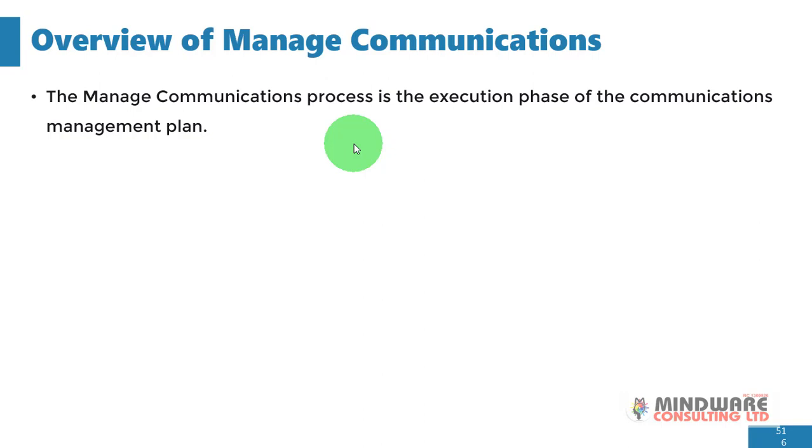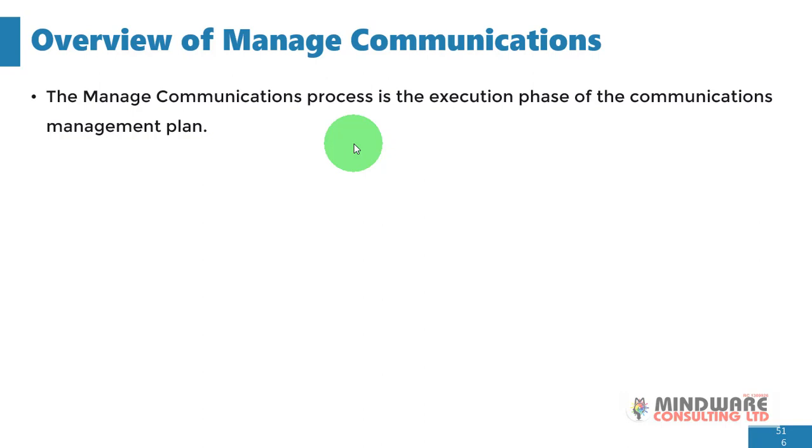These come in different levels. You can have this at the project level, at phase levels, at process levels, and so on and so forth. So when it comes to this particular knowledge area, project communications management, we also have these different phases.